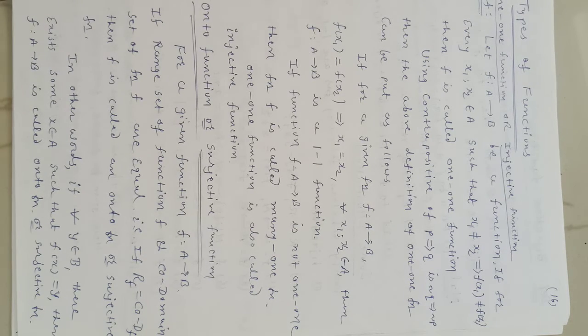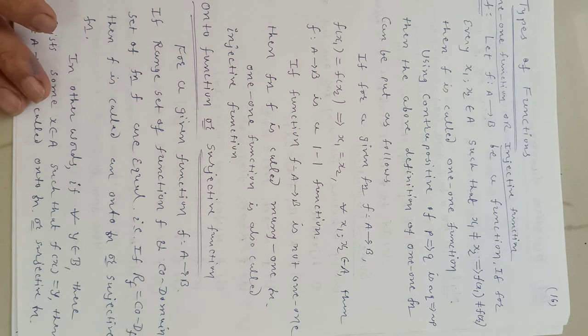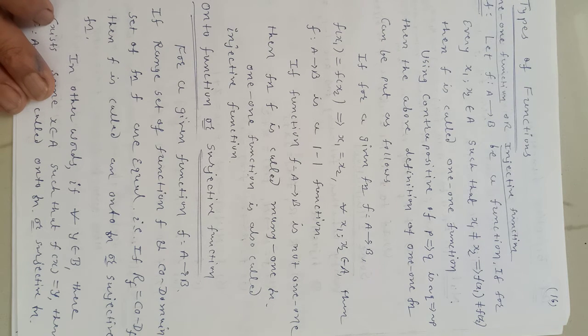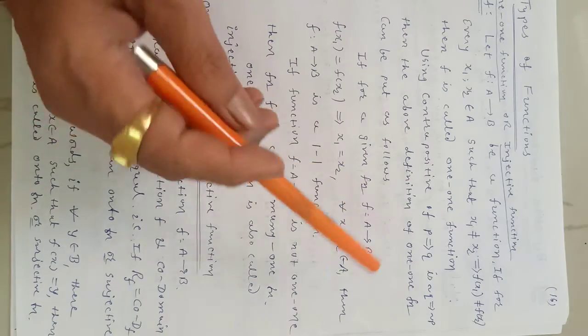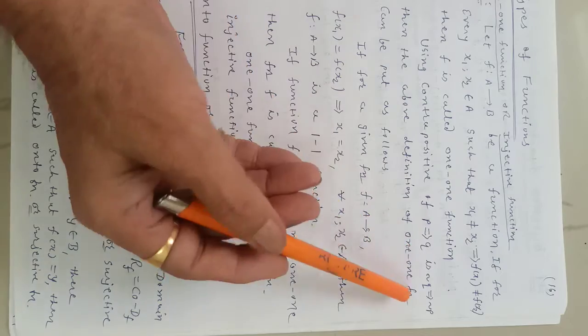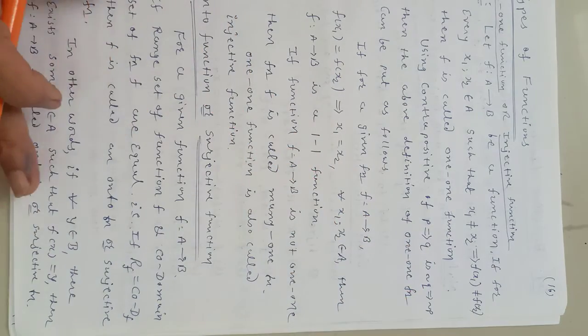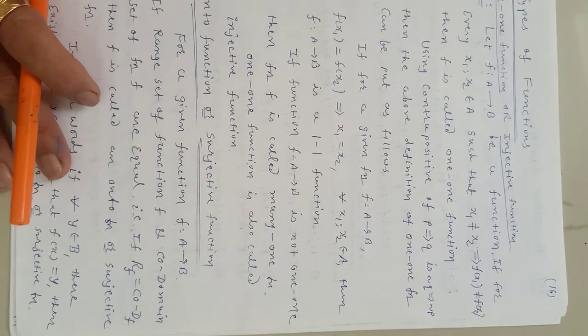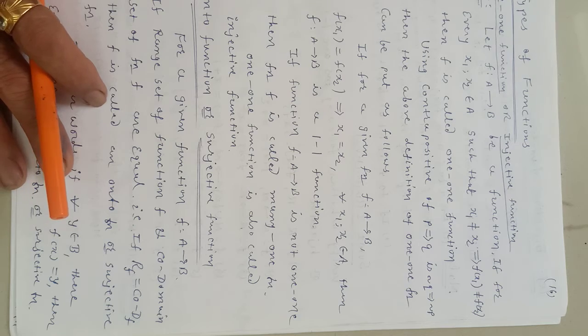Okay, now we put this definition in another way. You know, last year the contrapositive of a statement in your logic chapter. Let us look at using the contrapositive of P implies Q. If you remember, the contrapositive of P implies Q is negation of Q implies negation of P. This is the contrapositive statement of P implies Q. Clear?